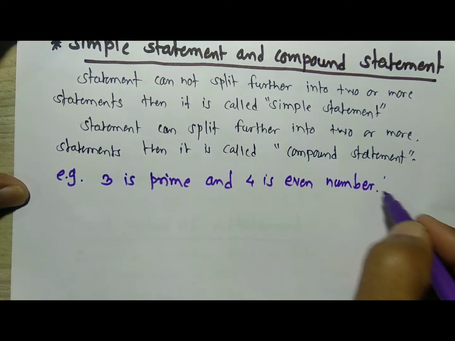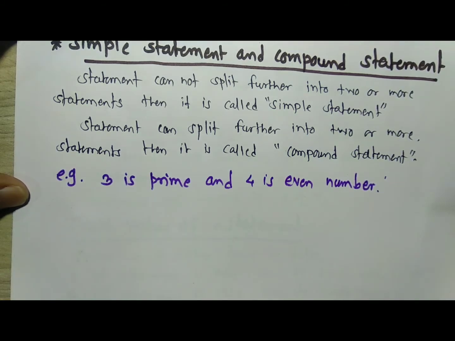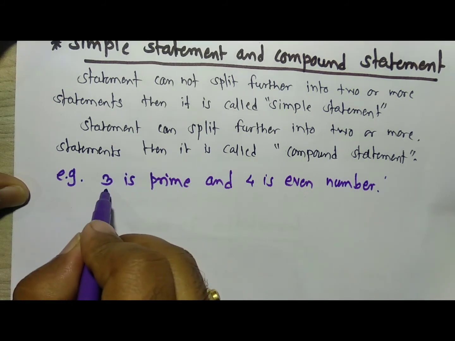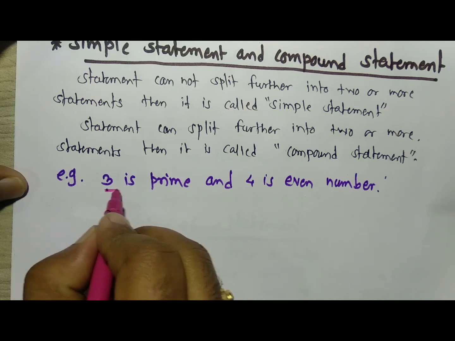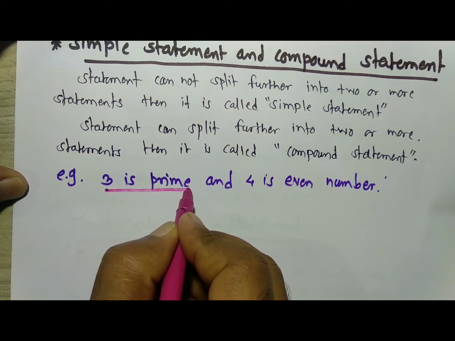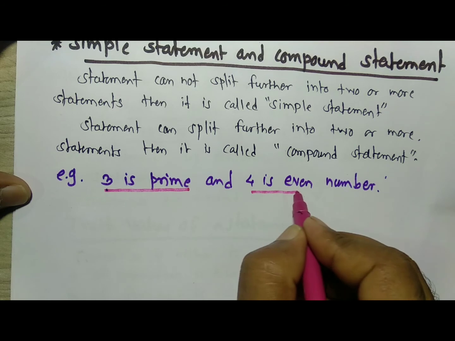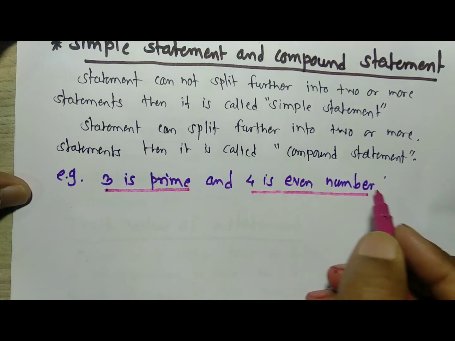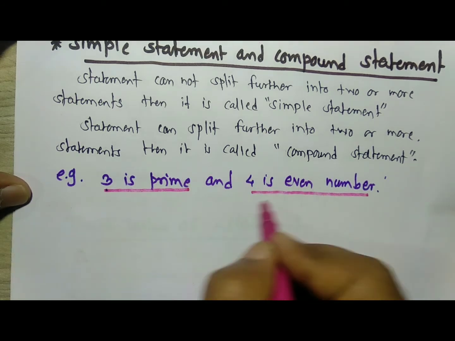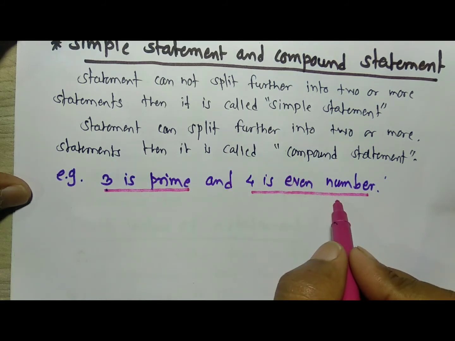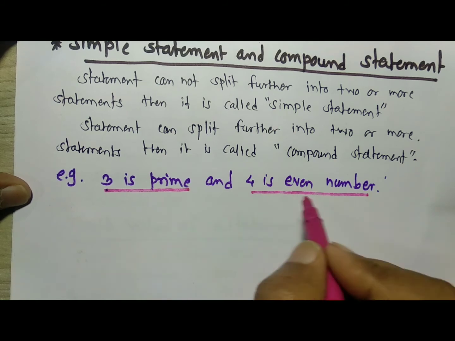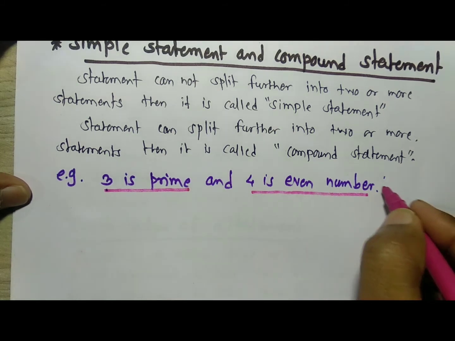In this complete statement, we get two simple statements. 3 is a prime is one simple statement and 4 is an even number is another simple statement, and therefore it is a combination of two simple statements. This statement is divided into two different sentences, and therefore it is a compound statement.